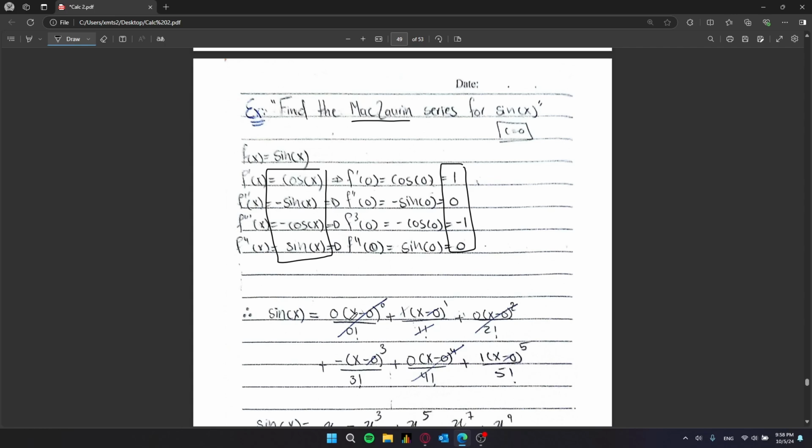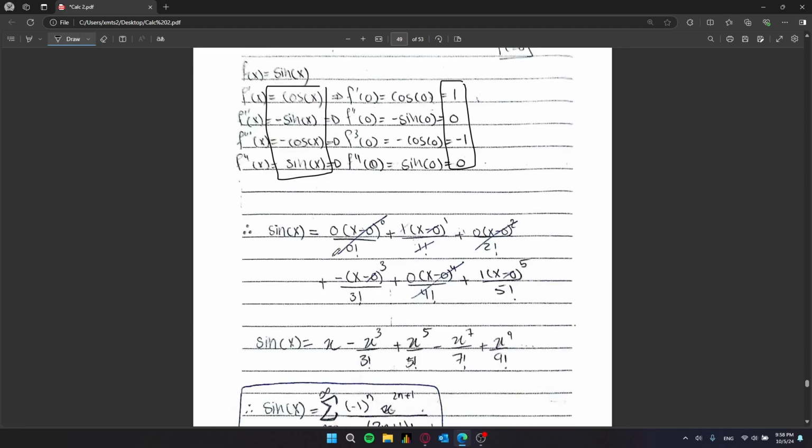So once you plug them into the formula, these three triangles mean therefore. Therefore, sine of x as a function is equal to 0 times x, 0, 0. You're crossing this out, this out, and this out. And something you'll notice is that it's going to be alternating, where every other term is 0, and every other term is an alternating 1 in terms of value, 1 and minus 1, 1 and minus 1.